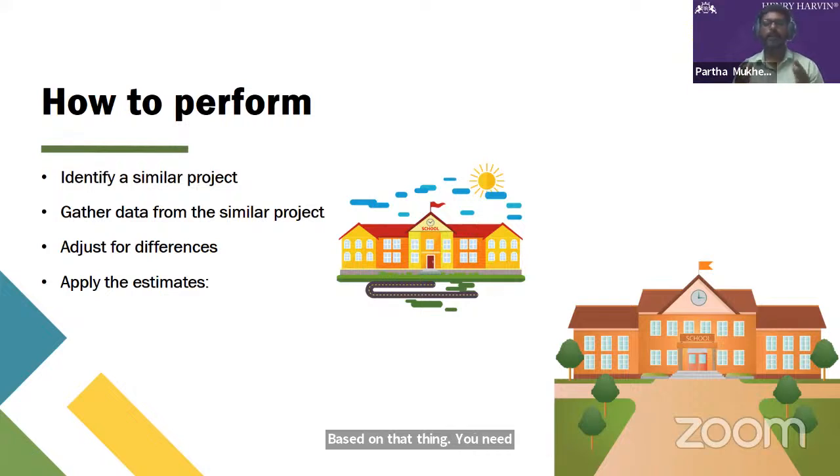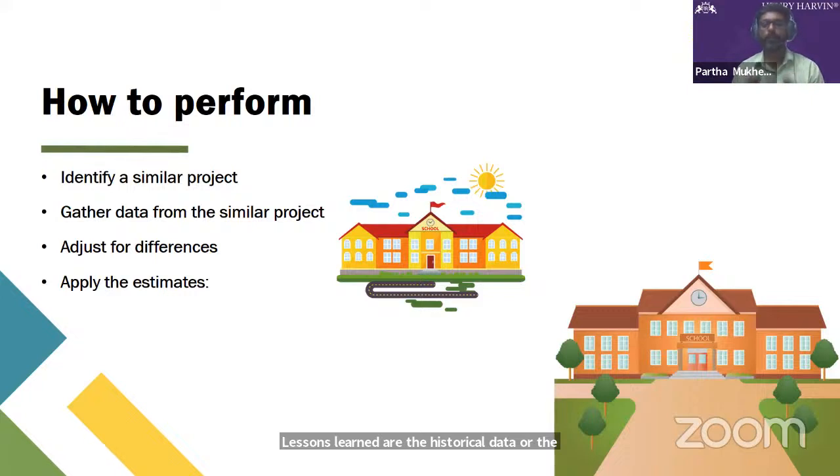How? First of all, you need to search for information. You need to gather data from similar projects. You can do it in two ways. One, you can connect with the organization for whom you are doing that project. They have one document with them that is known to us as lessons learned. Lessons learned are the historical data, the information of past project data.